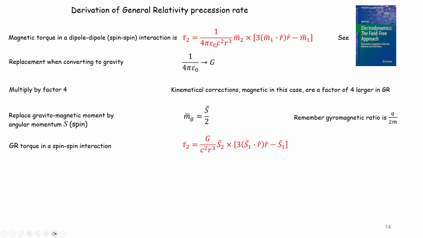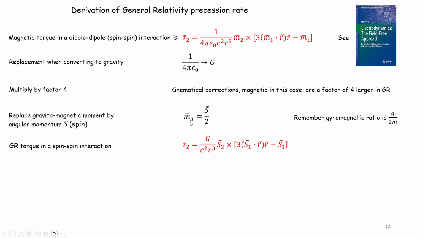Then we apply our recipe, change this 1 over 4 pi epsilon 0 to the gravitation constant. We also have a factor of 4 larger kinematic correction in GR. And this is, of course, a kinematic correction. This is magnetism, it's motion, the spin, so it's motion. And then we should replace charge with mass, and this time we should replace magnetic moment with gravitomagnetic moment.